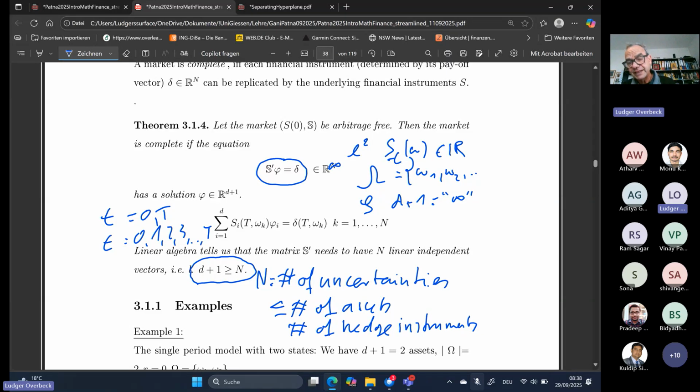And so this we have seen in the introductory example, this binomial tree. We had a picture of 3 time points where we can trade.